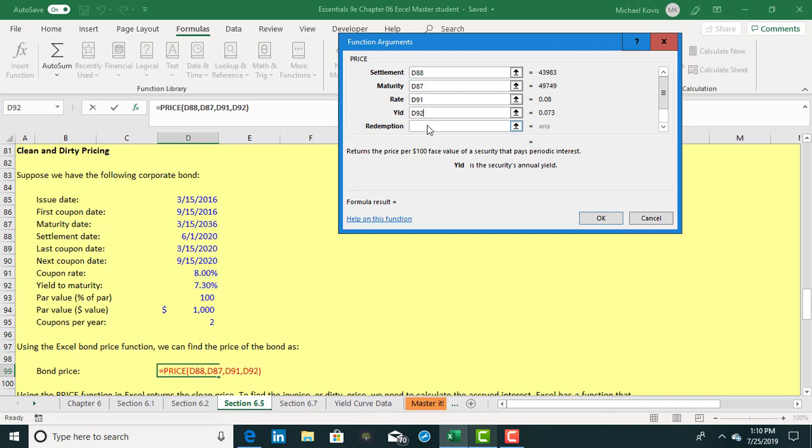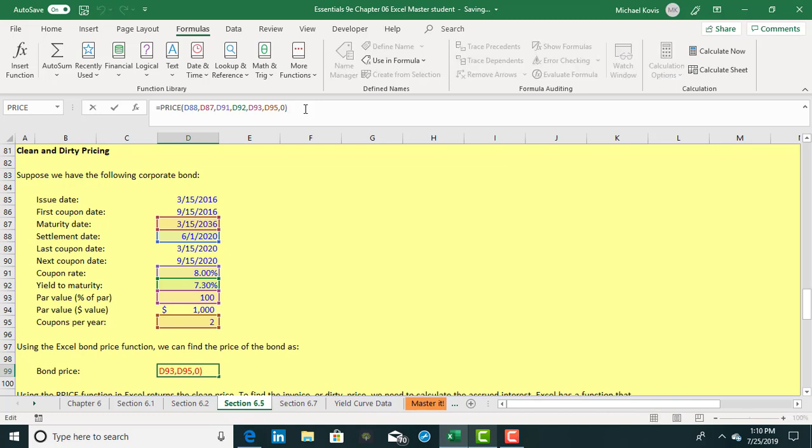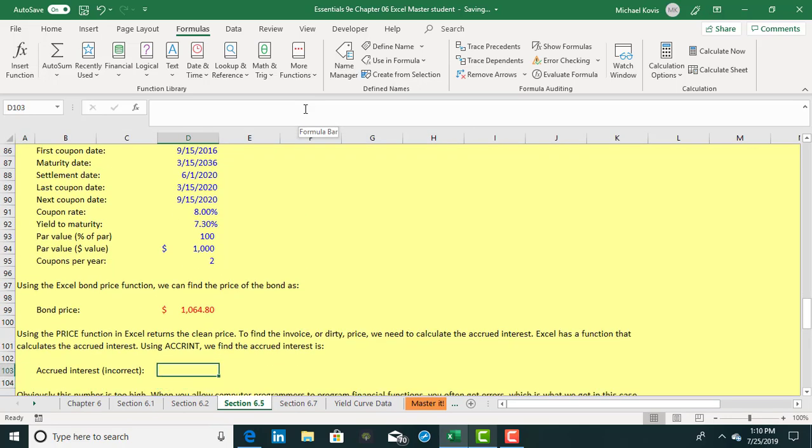Alright, so next it wants us to figure out the accrued interest, and they're calling this ACCRINT. Alright, so first one at the top. Plug in the issue date. First was 6 months after the bond was issued. Plug in the coupon rate. We need to plug in the par.